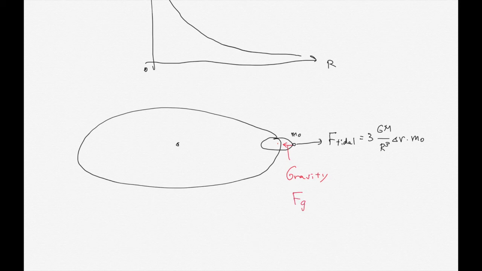So F grav is G times the mass of this object, m, times m sub 0 over delta r squared. This is the gravitational force acting between the small mass m sub 0 and the mass of the rotating object m.